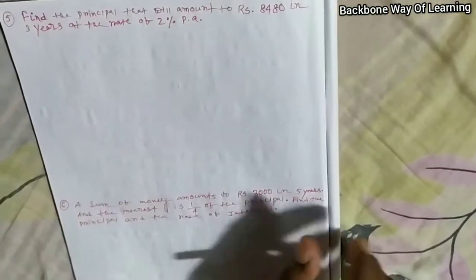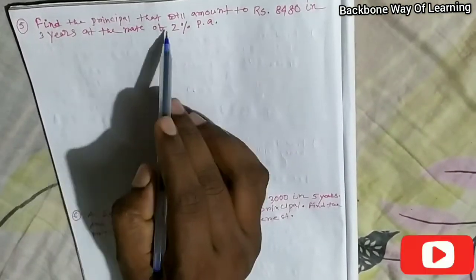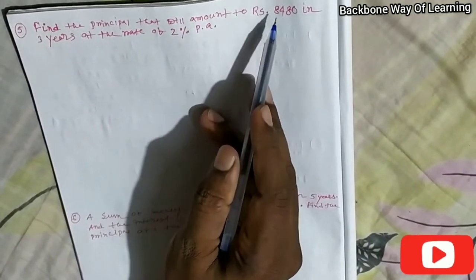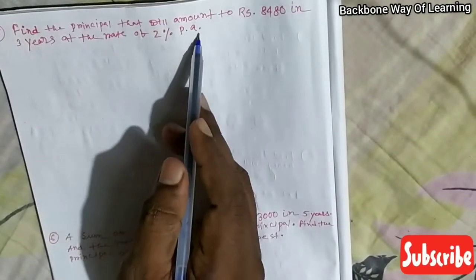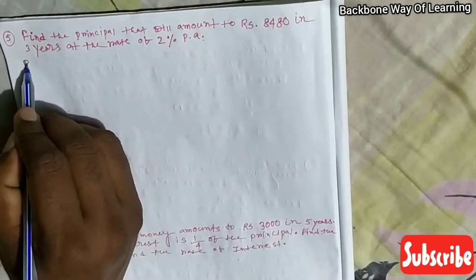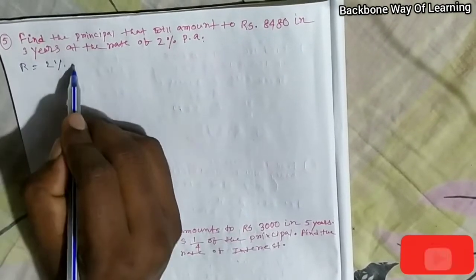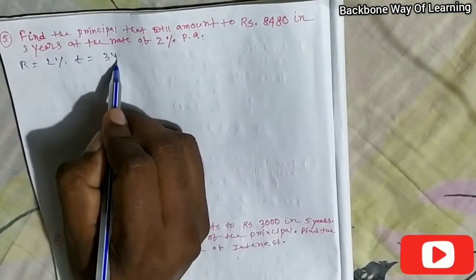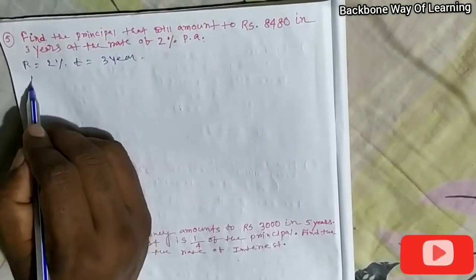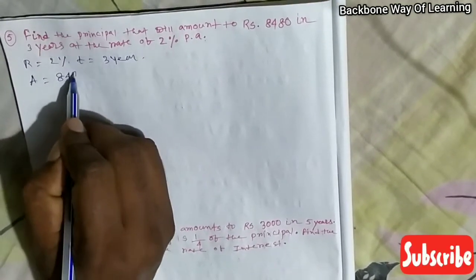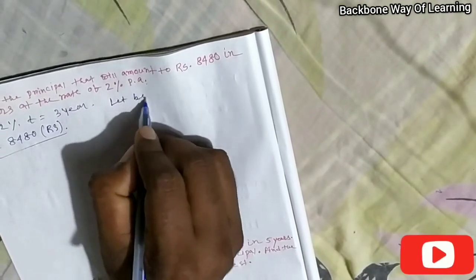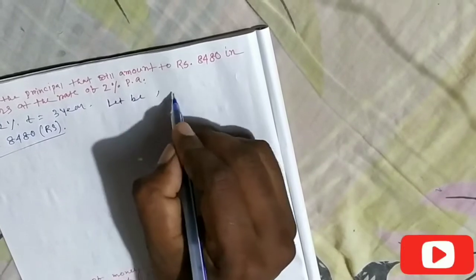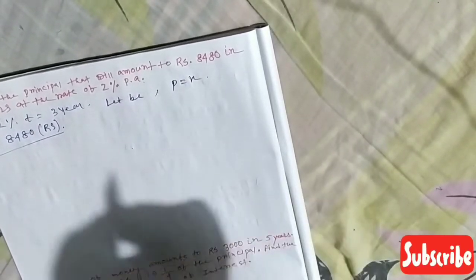Question number 5. Find the principal that will amount to rupees 8480 in 3 years at the rate of 2% per annum. R is equal to 2%, time is equal to 3 years, A is equal to 8480. Let the principal be x.